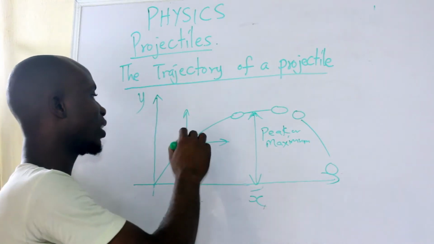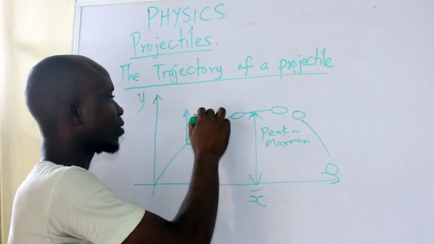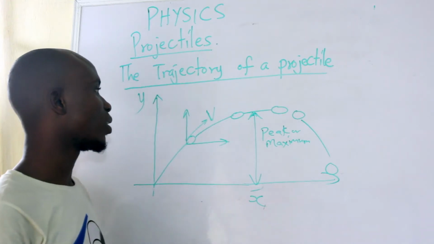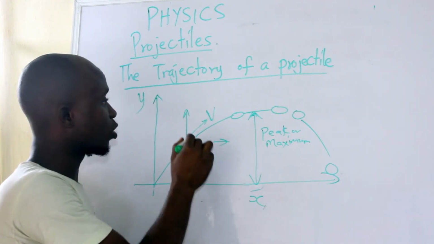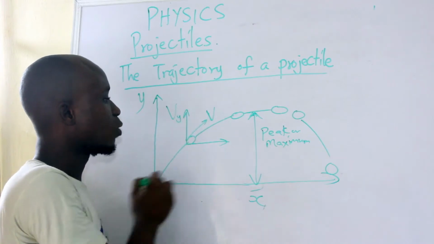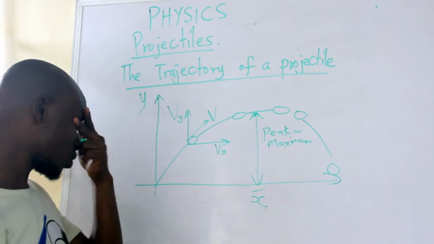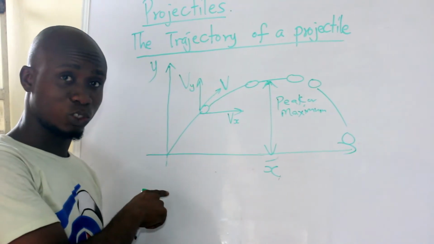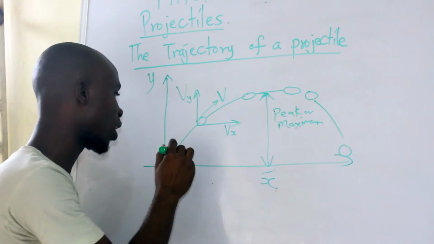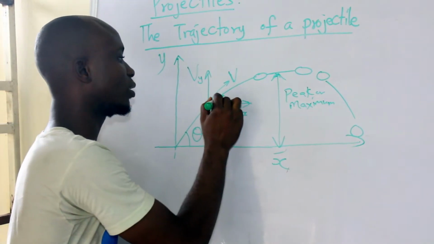Now, let's say this is a velocity at any point in time. We're going to have that the vertical component of the velocity is Vy, while the horizontal component is Vx. And if such an object is thrown at an angle, definitely we are going to have theta somewhere here, and this is also going to be theta.